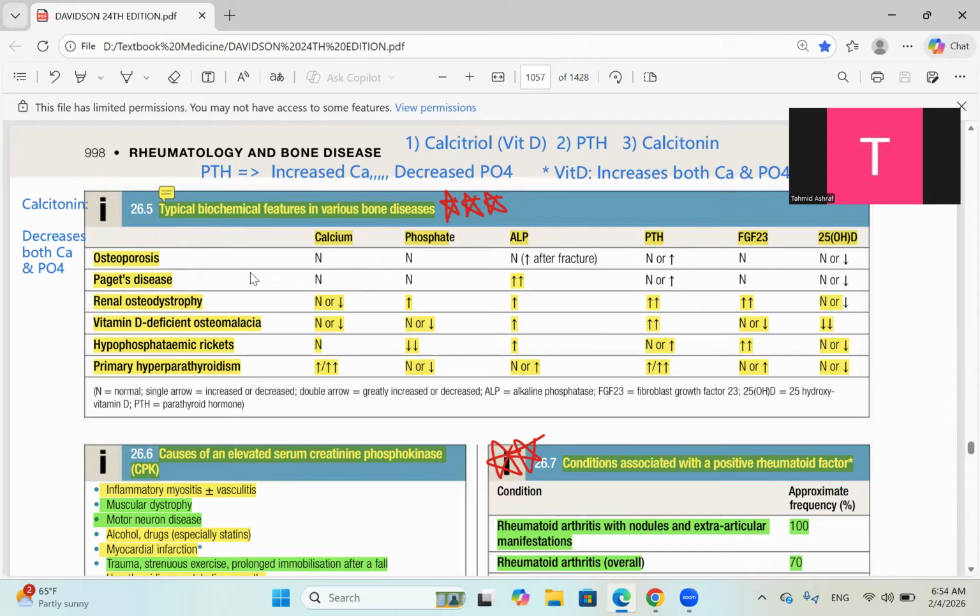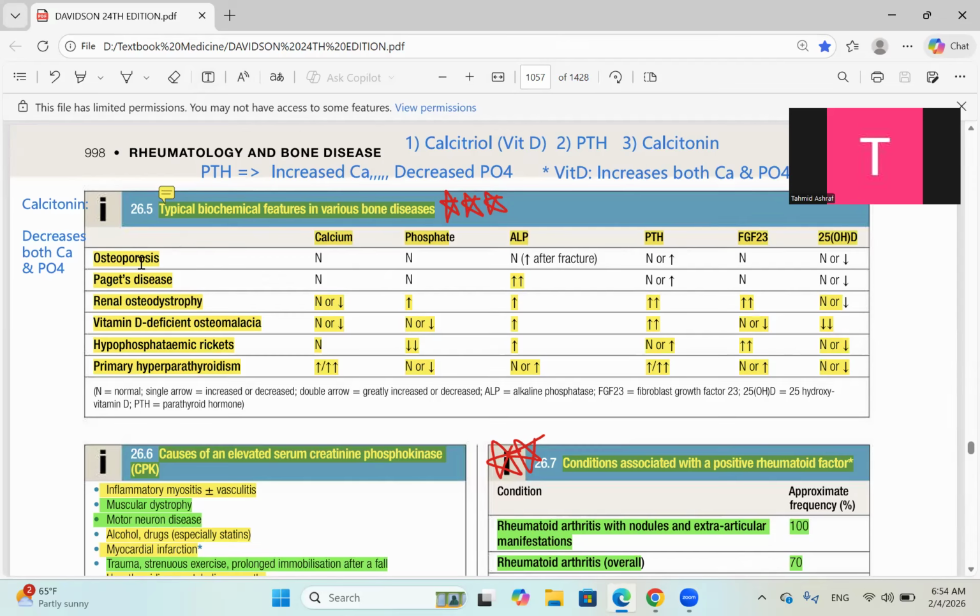And regarding biochemical features, his calcium level will be normal, phosphate will be normal, alkaline phosphatase will be normal. Just follow what I am saying. Don't get startled seeing all these things, normal or increased.